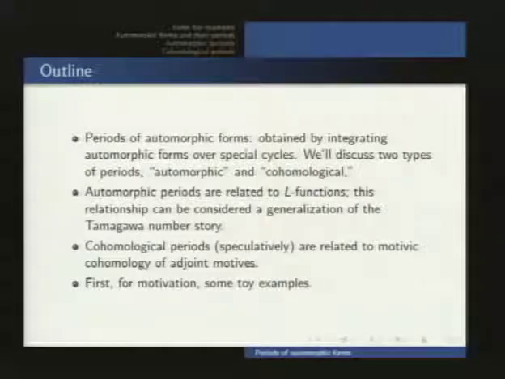And then at the end, I'm going to speculate a little bit about cohomological periods and their relation to motivic cohomology. But in the first part of the talk, I'm just going to give some fairly simple toy examples to illustrate the more general setting that comes later.